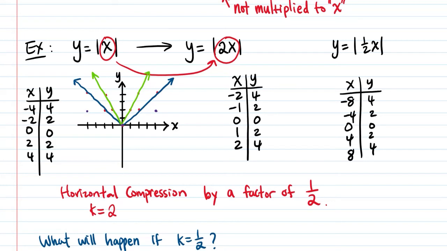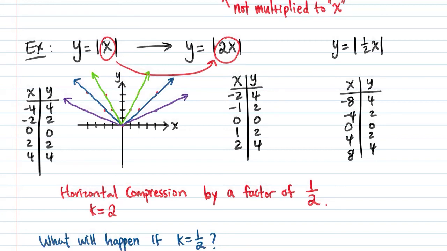As you can see, the second graph, y is equal to absolute value of 1/2 x, will be wider. So it's expanded instead of compressed when the k is 1/2. And that is expanded by a factor of 2.